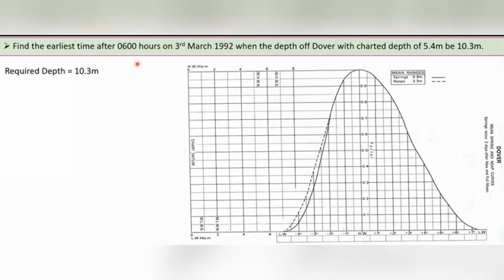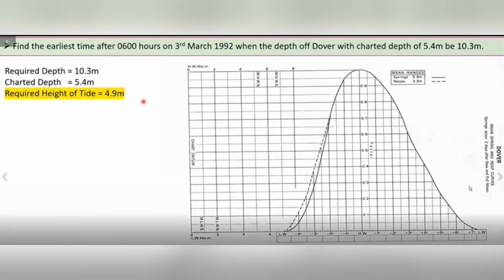Now, the charted depth at that point is 5.4 meters. What shall make up for the difference between the charted depth and the required depth? The differential will have to be made up by the height of tide. So to achieve a depth of 10.3 meters, we shall require a height of tide of 4.9 meters.